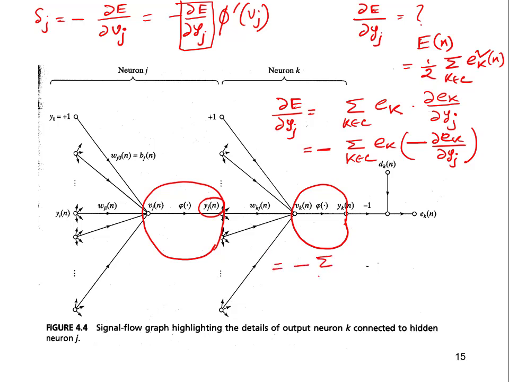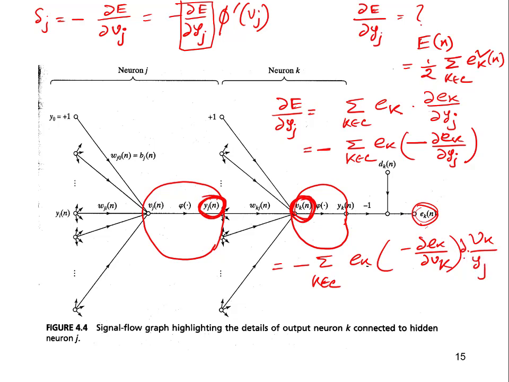From the upper equation we can see that Ek can be represented as minus delta Ek of delta of V. Ek is dependent upon Vk, so we rewrite Vk. And Vk is dependent somehow on Yj, so we can say delta of Vk over delta of Yj.